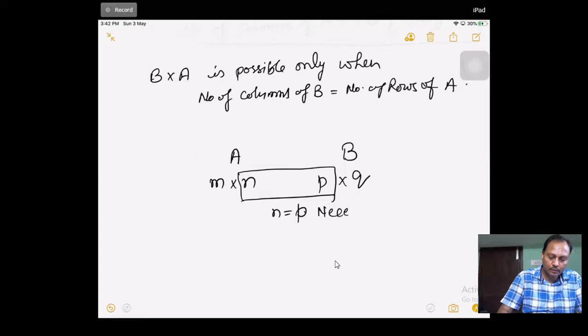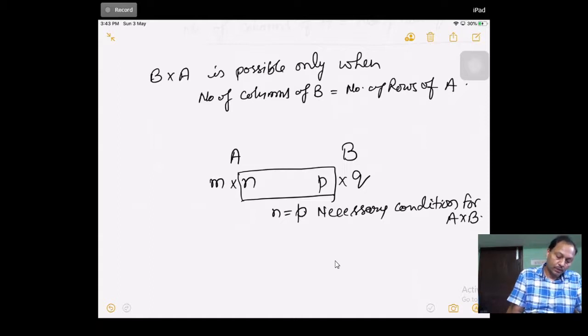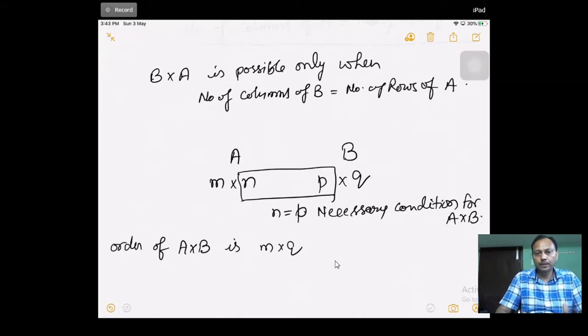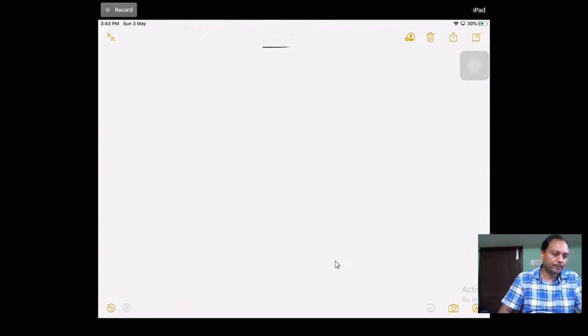This is the necessary condition to find A into B. After the multiplication, the new matrix will be of order m by q, where m is the number of rows of A and q is the number of columns of B. Now we proceed to how to multiply the matrices.